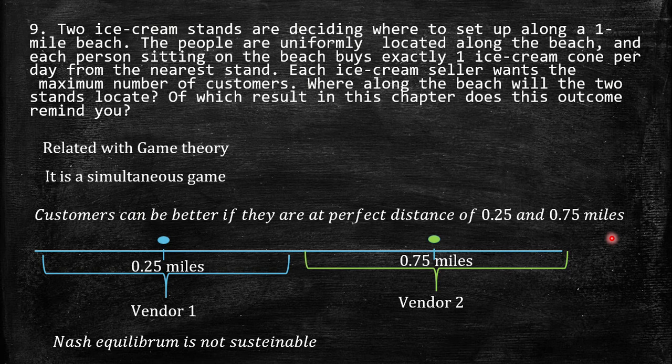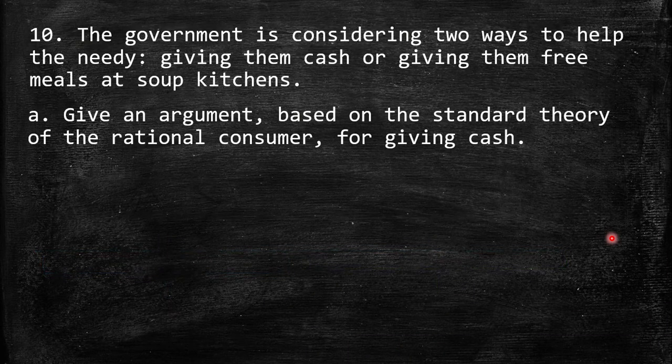In this case, obviously, there are strong incentives to deviate for any vendor, because any time that they are closer to the middle point, they are getting more space in the market, more of a slice of the market.